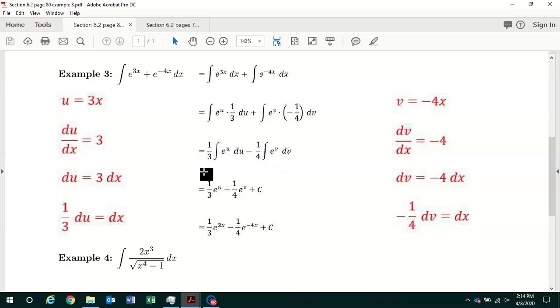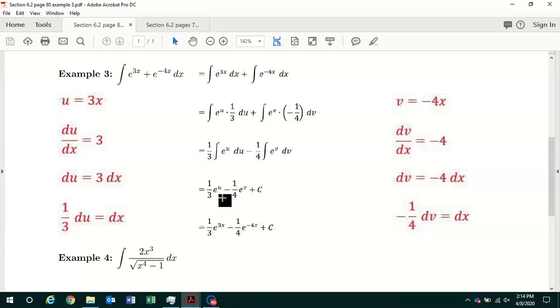So now let's find these two antiderivatives. Well, the antiderivative of e to the u is just e to the u. So we have 1/3 times e to the u. The antiderivative of e to the v with respect to v is just e to the v. So we have minus 1/4 times e to the v. And now that we're done anti-differentiating, we add the arbitrary constant c.